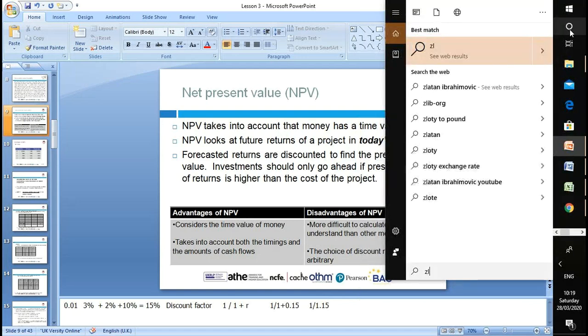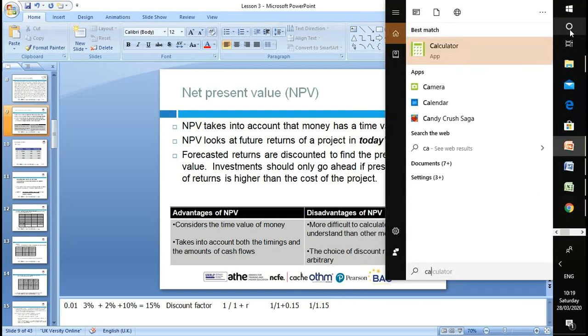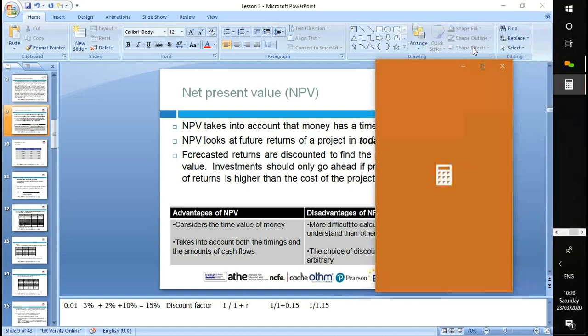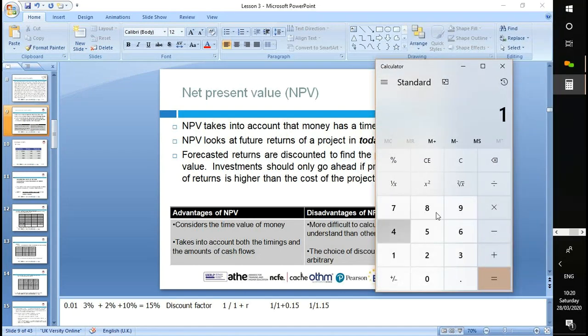It's 0.869, or we can round it up to 0.87. Whatever answer comes, if you carry on dividing by 1.15, year 2, 1 pound will be approximately 75 pence.